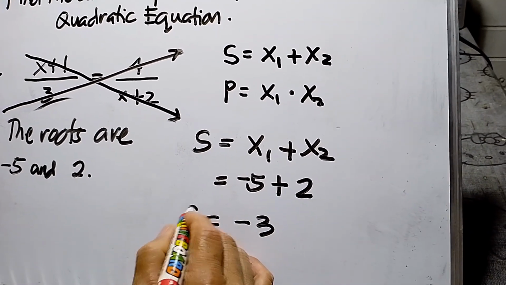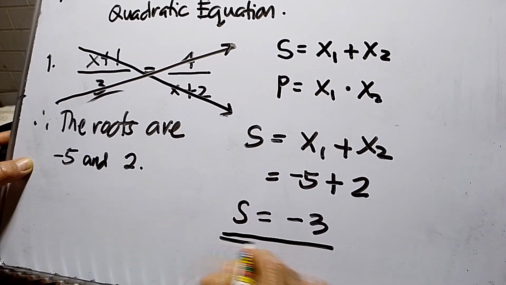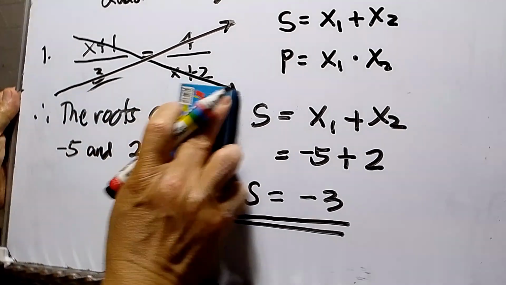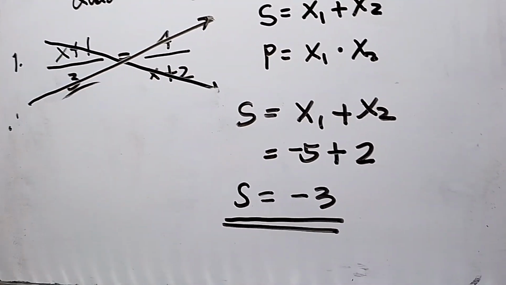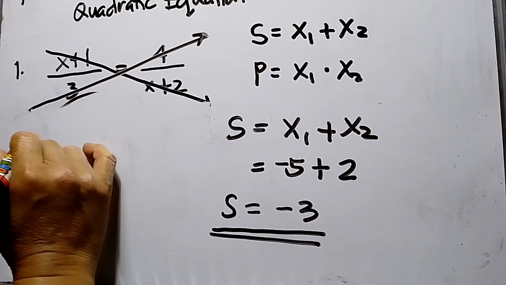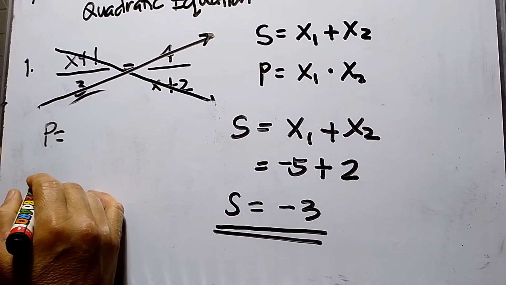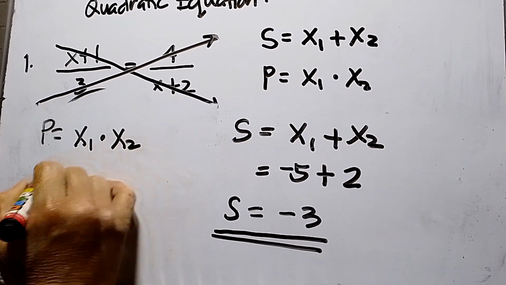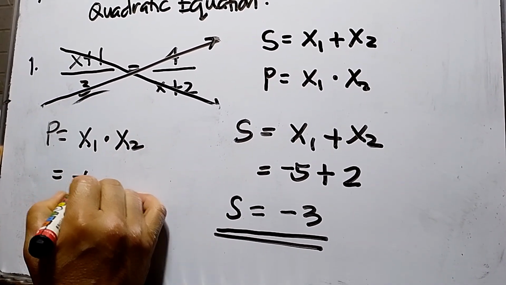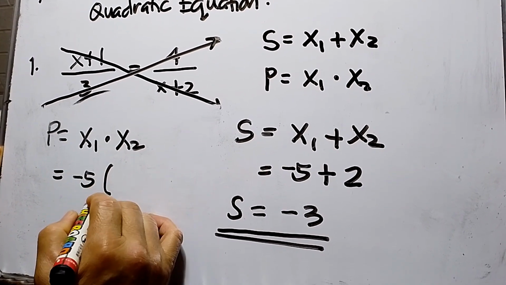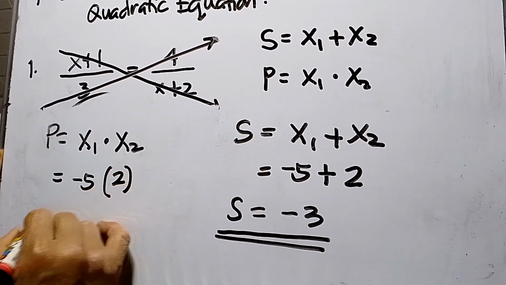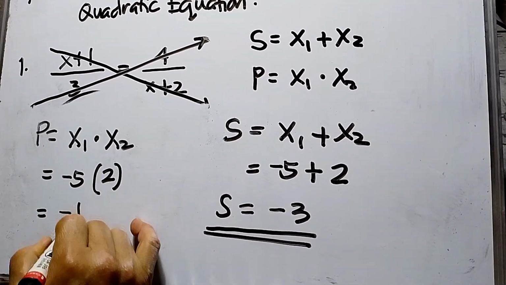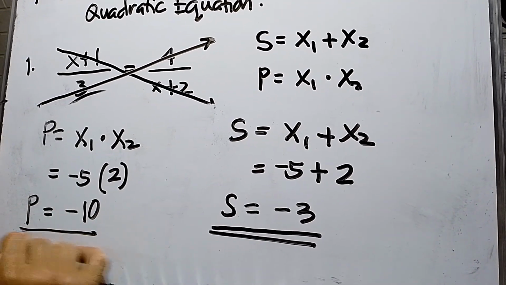So that's the sum of the roots. Then the product. The product is x1 times x2. So x1 is negative 5, and then x2 is positive 2. So in here, I have negative 5 times 2 is negative 10. So the product of the roots is negative 10.